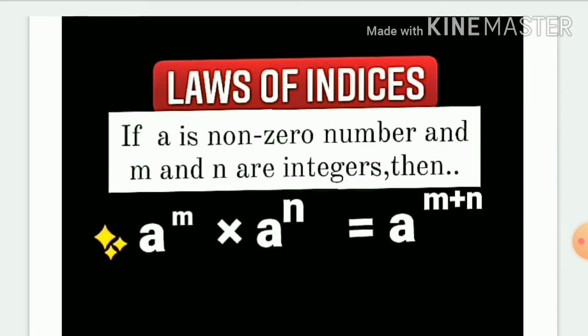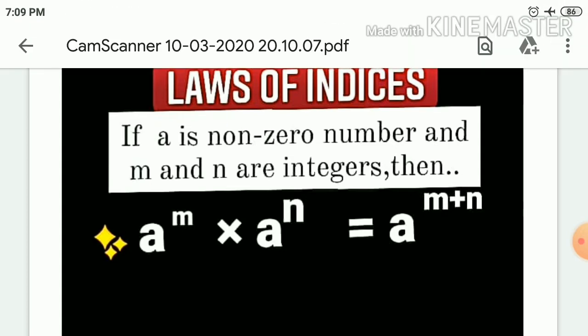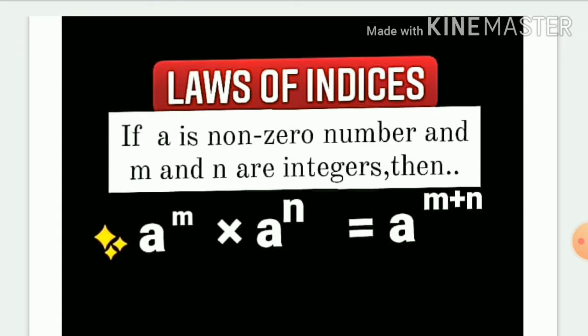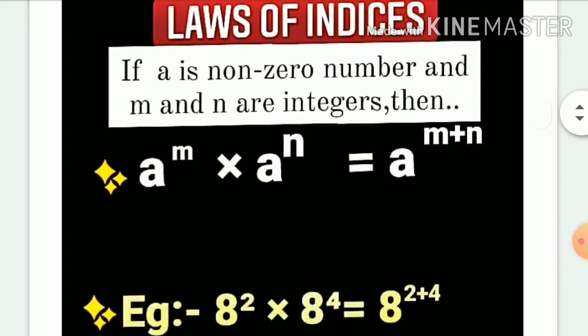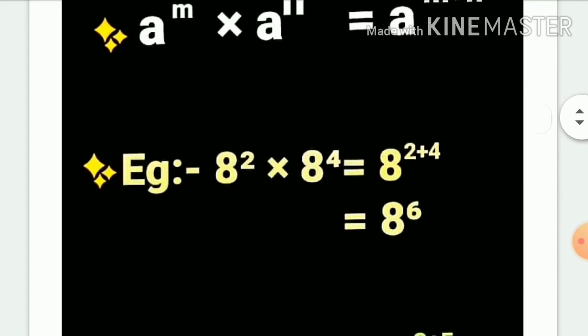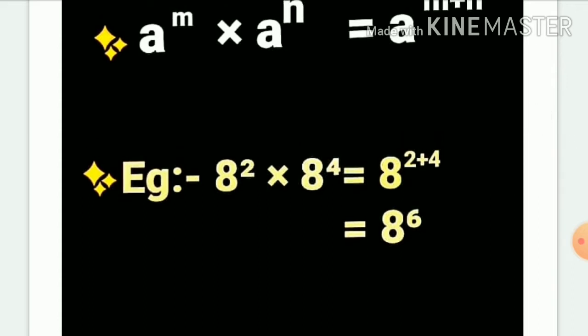Let us see one example with numbers. 8 raised to 2 multiplied by 8 raised to 4. Now you can see the bases are the same, but the indices are different: 2 and 4, two different indices with the same base.